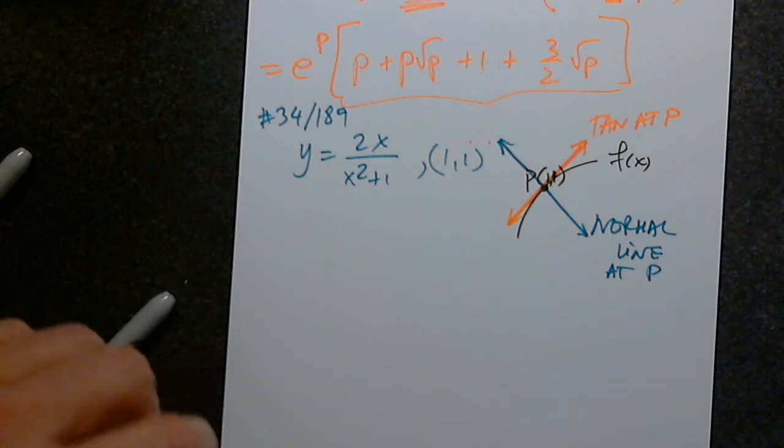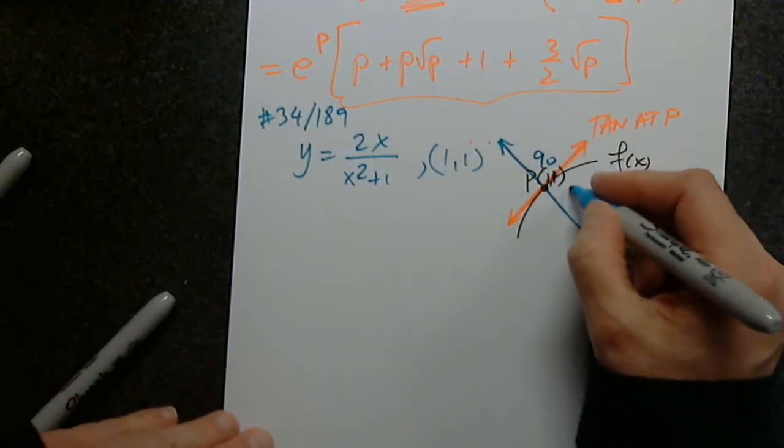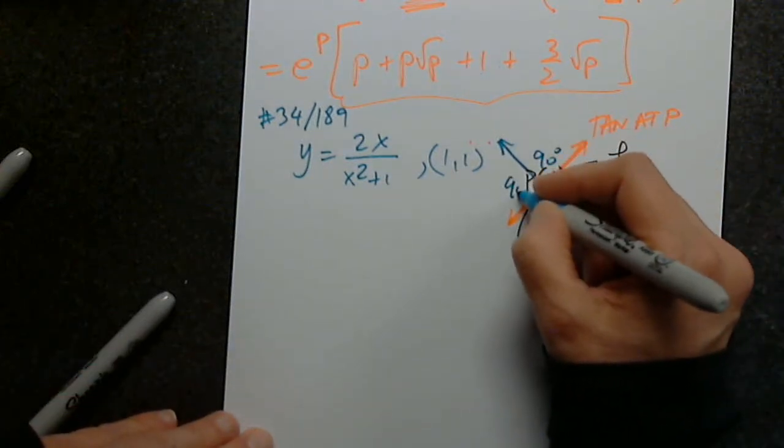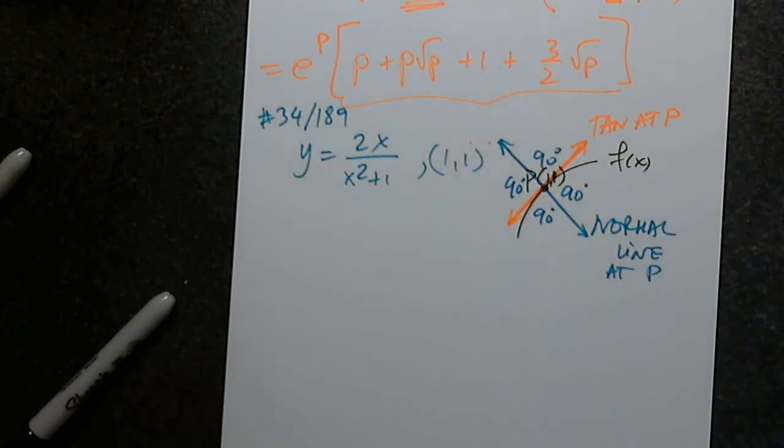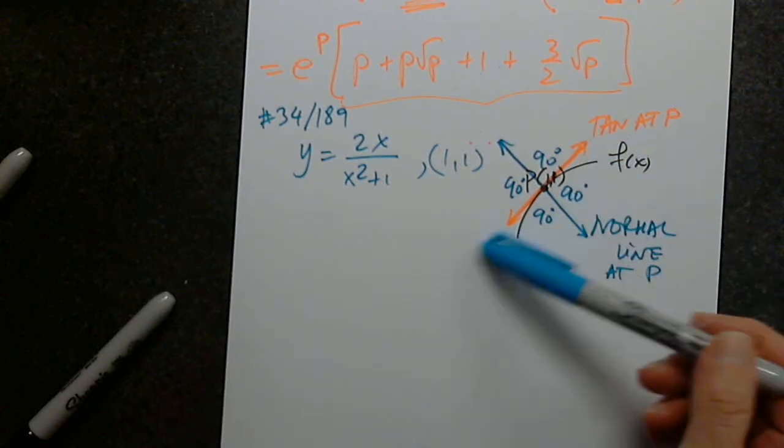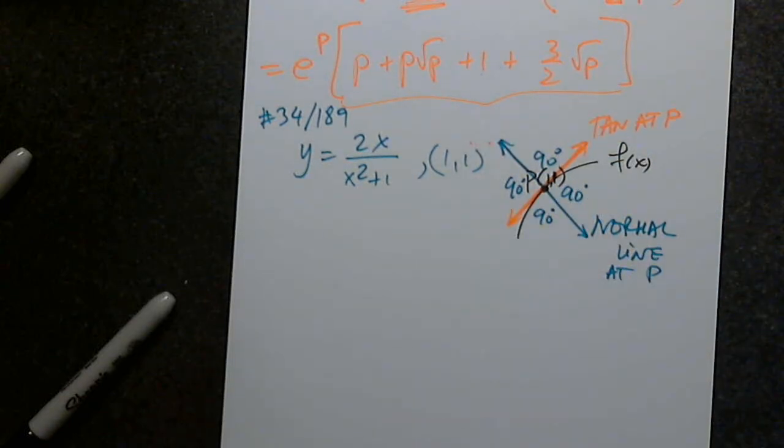Of course, they are perpendicular at that point, 90 degrees everywhere. And we are asked in this problem to determine the equation of the tangent line at P, as well as the equation of the normal line at P.